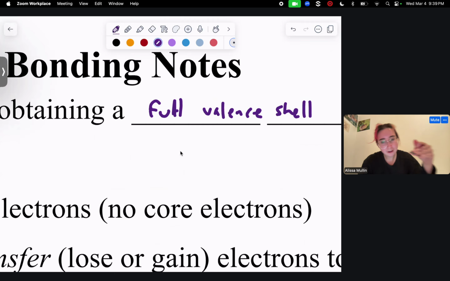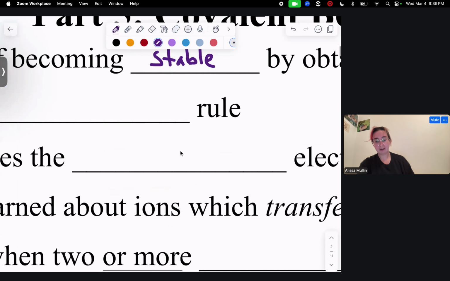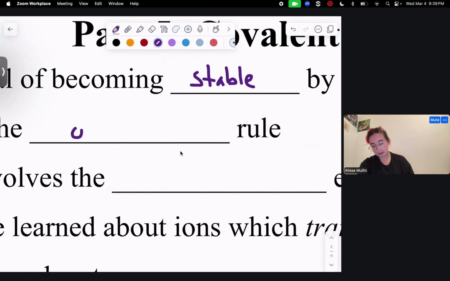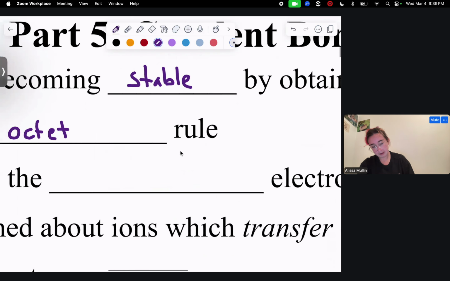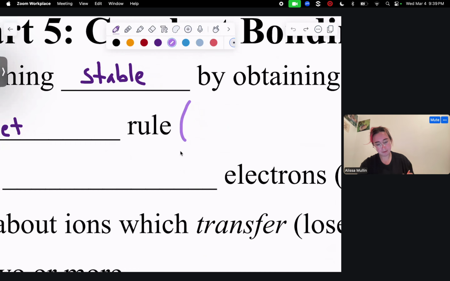Those are the ones that matter. Having a full shell of those makes atoms happy and fulfilled. Usually this is called the octet rule because on those bigger rings, it can fit up to 8 electrons. So when we say they want to be stable, we can think of it as they want to have 8 electrons in that outside ring.